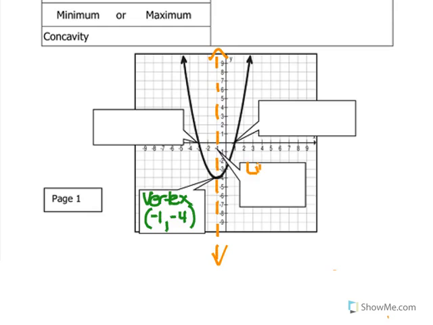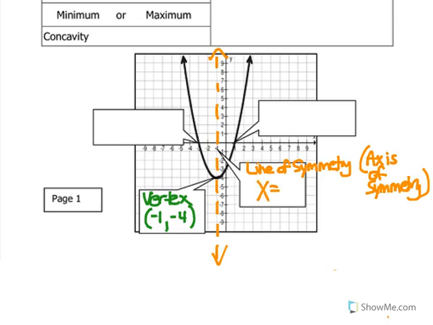That is the line of symmetry, or you'll very often hear it called the axis of symmetry. It has an equation, and the equation is always going to be x equals something. We know it goes through the vertex, so you can see on the graph, x equals -1, or we can see it right here on the vertex, x equals -1.